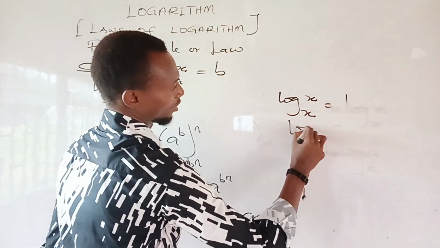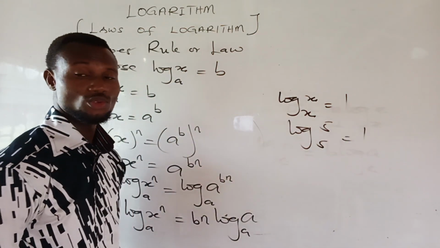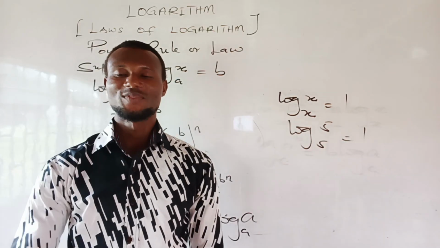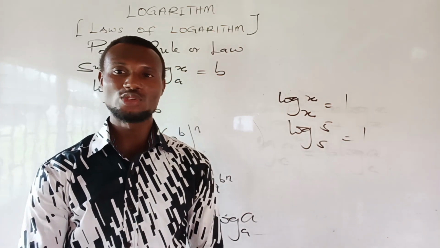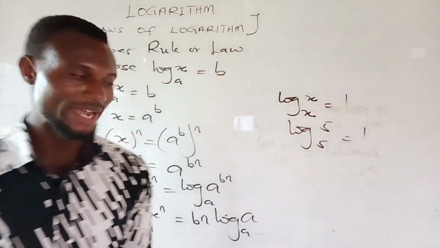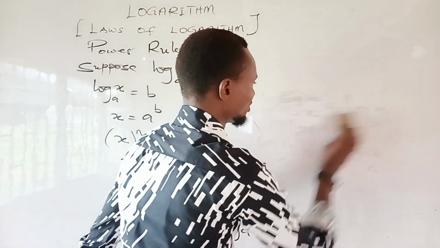If I have log 5 to the base 5, it should be equal to 1. So that is the property that we established in the previous videos, that the log of any number to the base of that same number is always equal to 1. So keep that in mind. We are going to apply it here. Let me clean this from here and let's proceed.